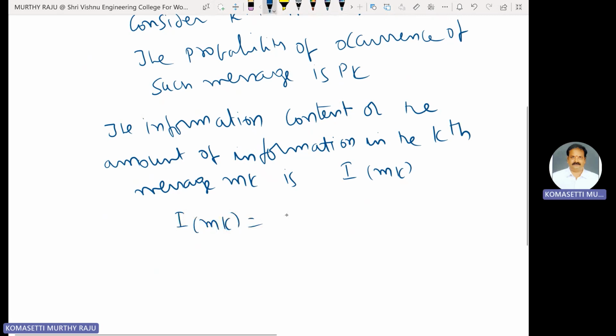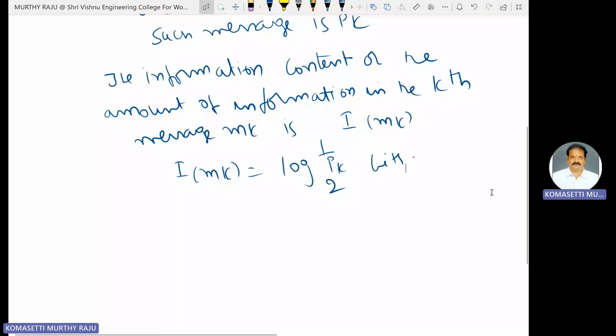Suppose the probability PK value lies in between 0 and 1, 0 less than or equal to PK less than or equal to 1. Probability of occurrence of an event is 0. That means uncertain events, sudden earthquakes in the desert, cyclones and thunderstorms are the examples of the uncertain events.